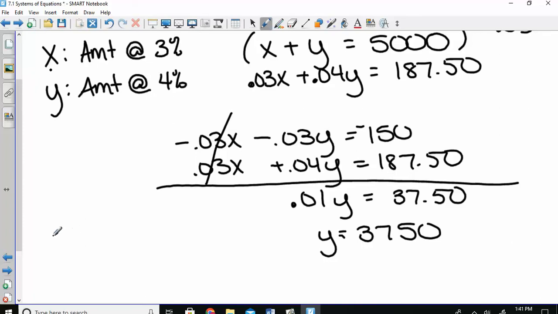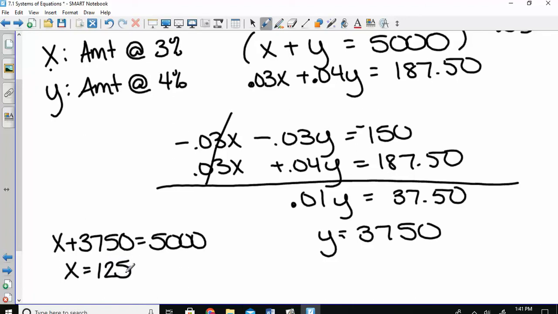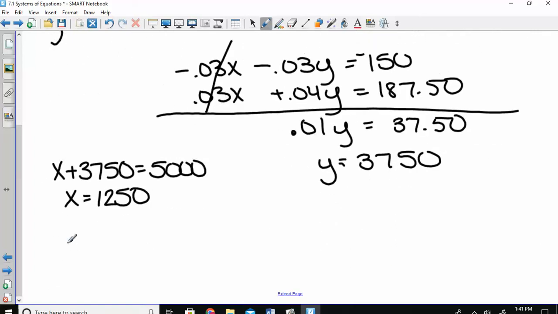And then I can plug that back in to find x, so it was x plus y equals 5,000. $1,250. And then we just have our sentence.